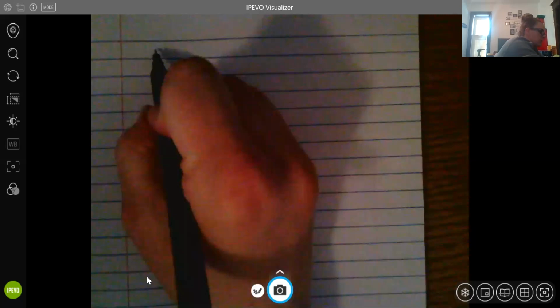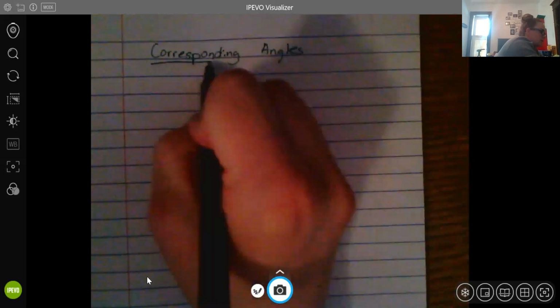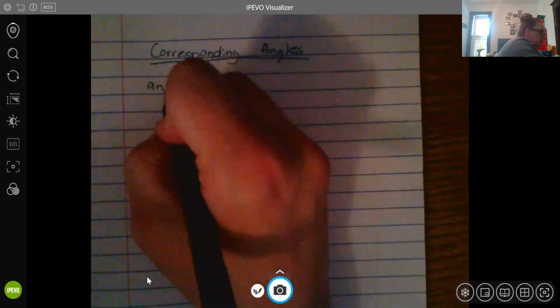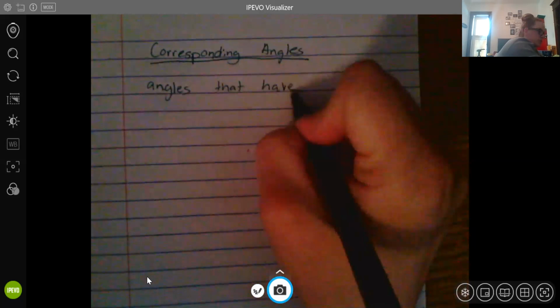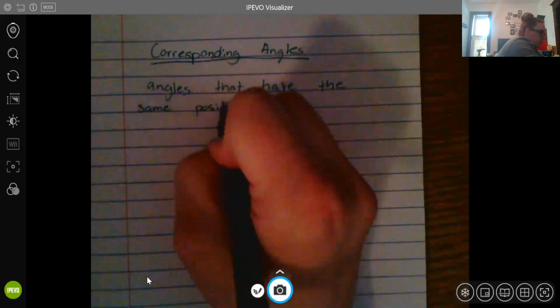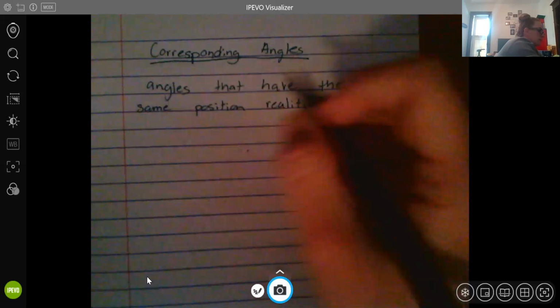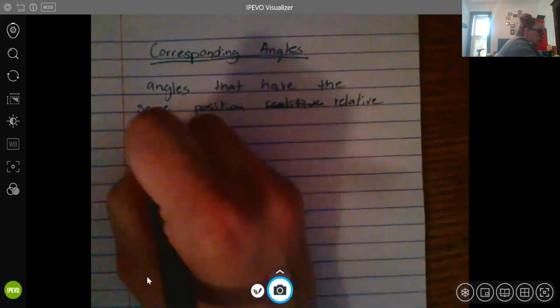So corresponding angles have the same position relative to the transversal.